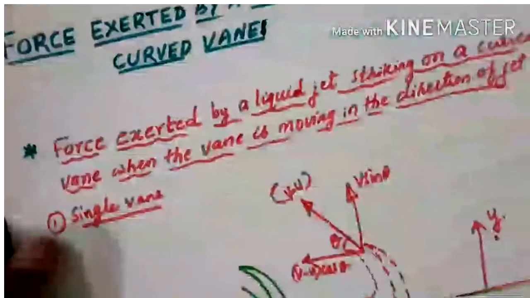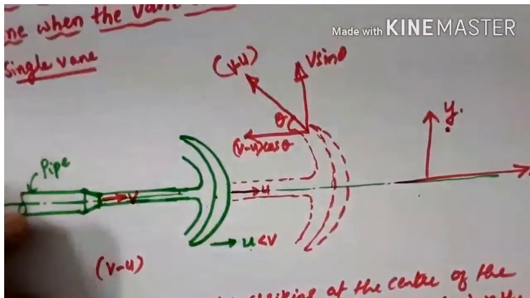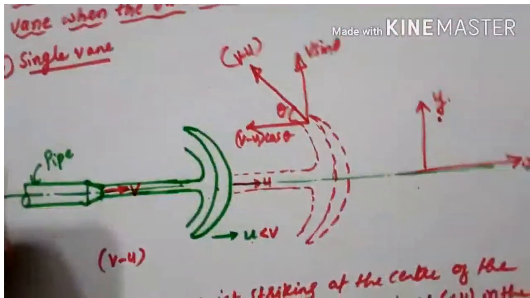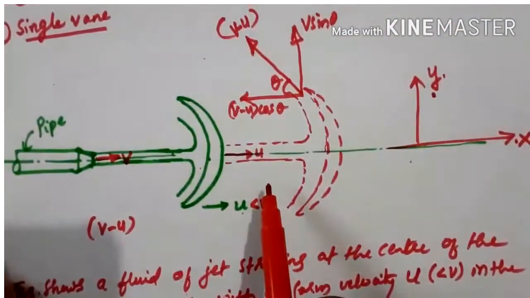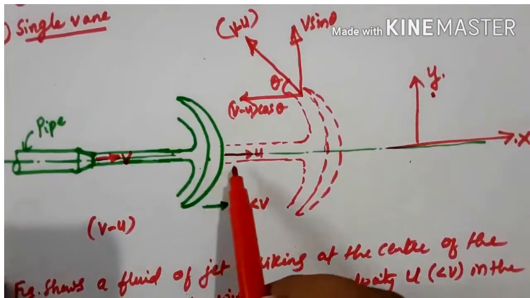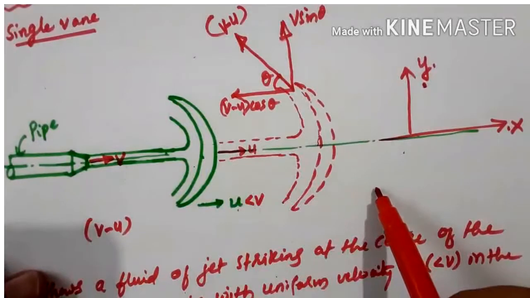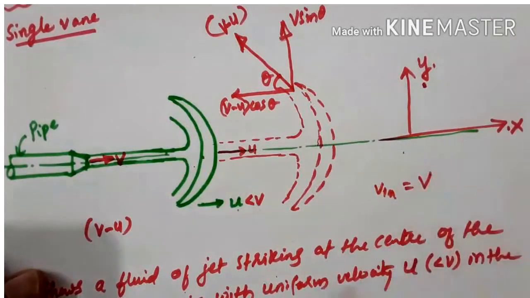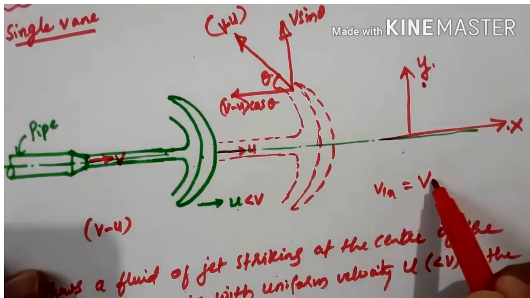So again, from this figure we can consider what is the initial velocity to be considered here. Look at this figure. Here v1x is to be considered as v minus u.